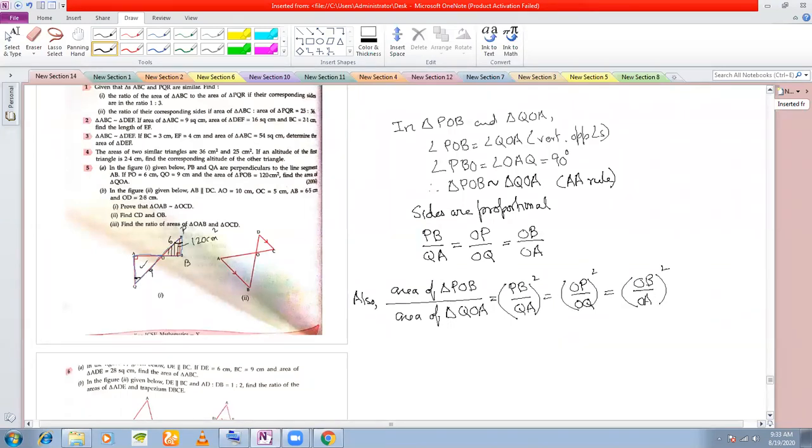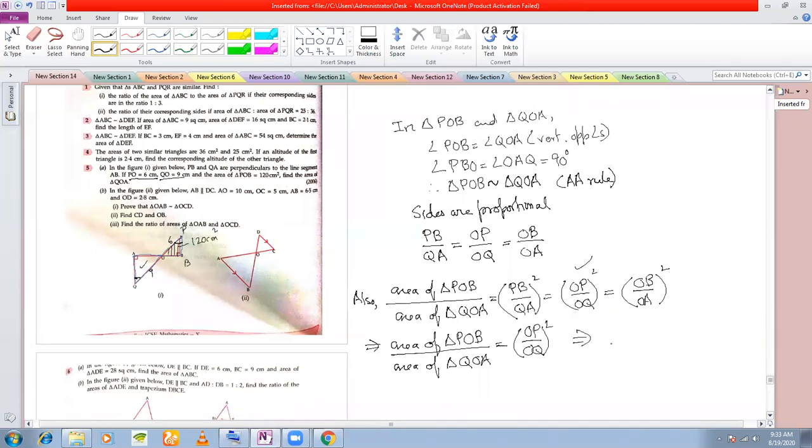Which equality should I take? That is the question. Now see what is given here. PO is given, that means OP is given, and OQ is given. That means we will consider this equality: OP by OQ whole square.